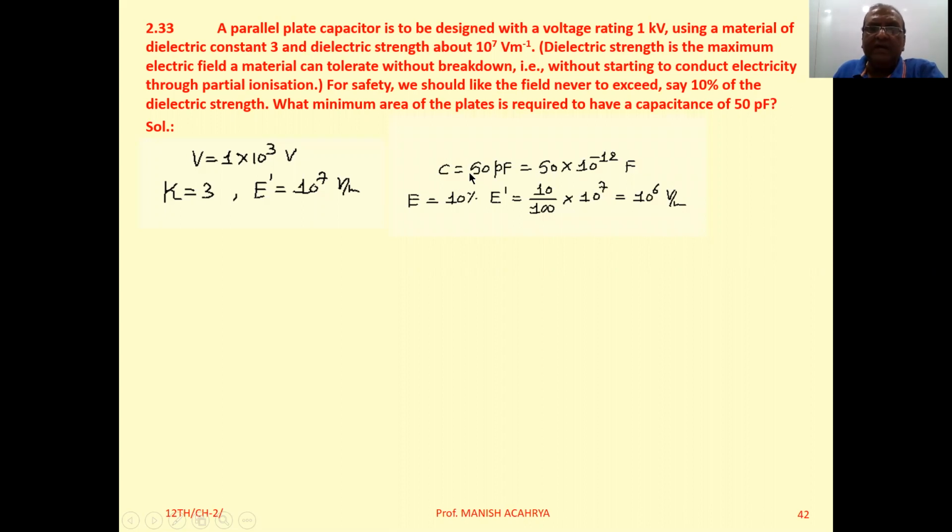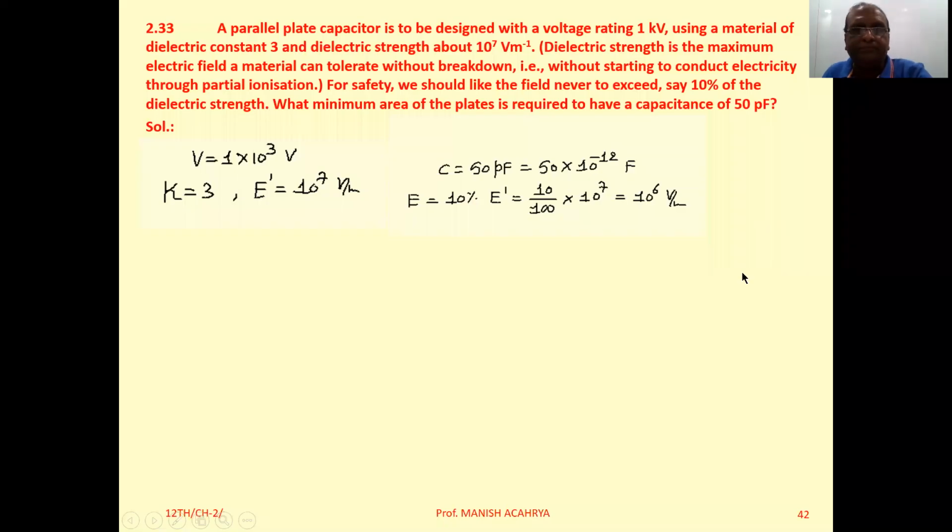The capacitance that we require is 50 picofarad, so 50 into 10 raised to minus 12 farad. And for safety, we have to take the electric field as 10% of the dielectric strength, that is 10 by 100 into 10 raised to 7, so 10 raised to 6 volt per meter. This much data is given to you. Clear up to this one?